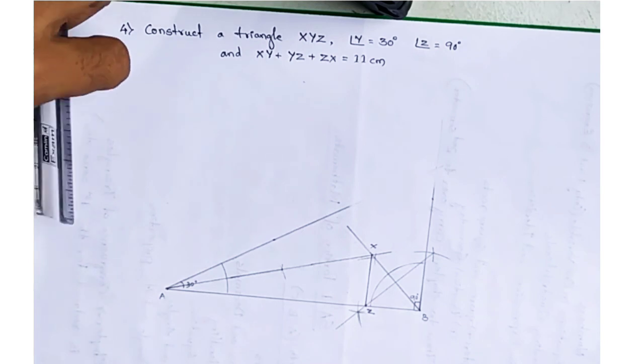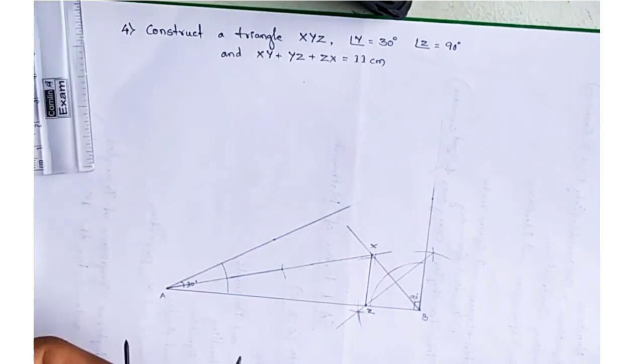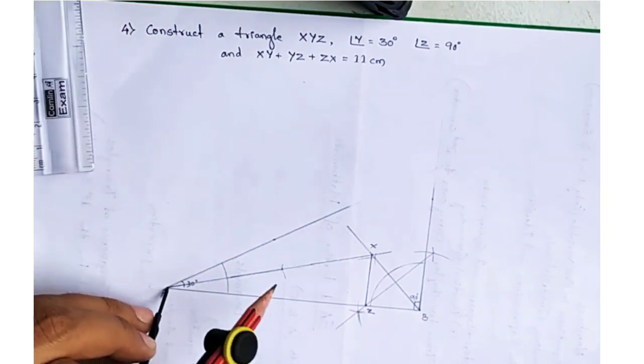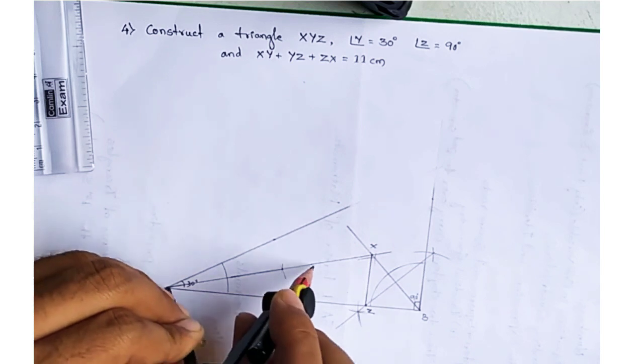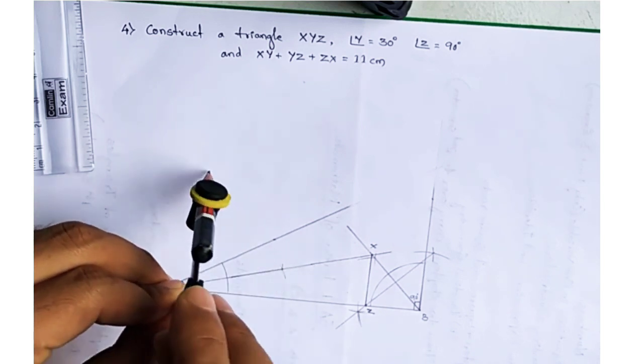Now do the same thing from AX also. For AX also take more than half.